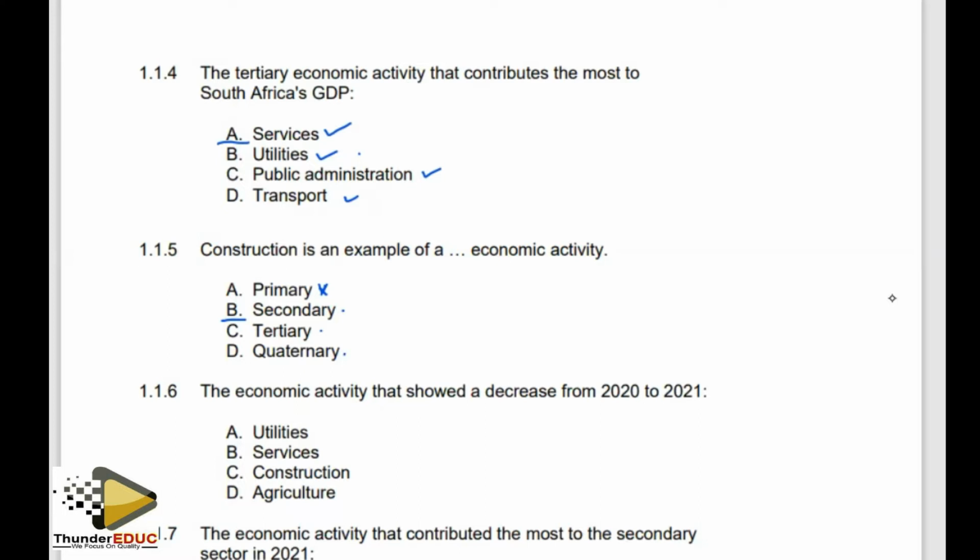Number 1.1.6, the economic activity that showed a decrease from 2020 to 2021.